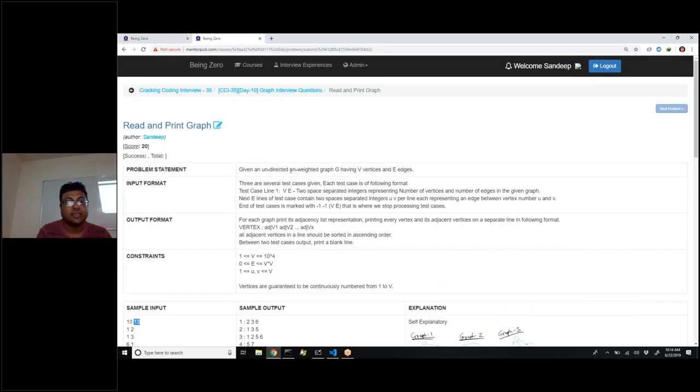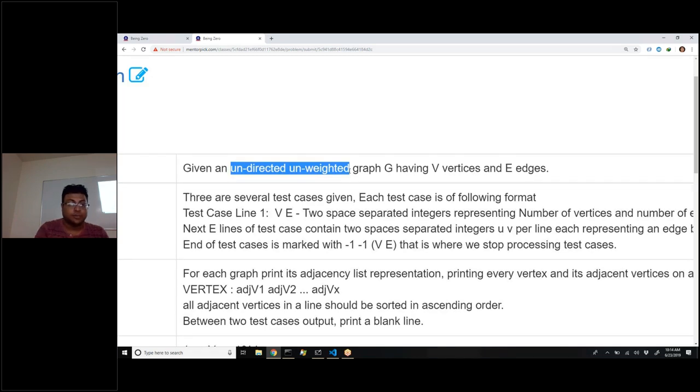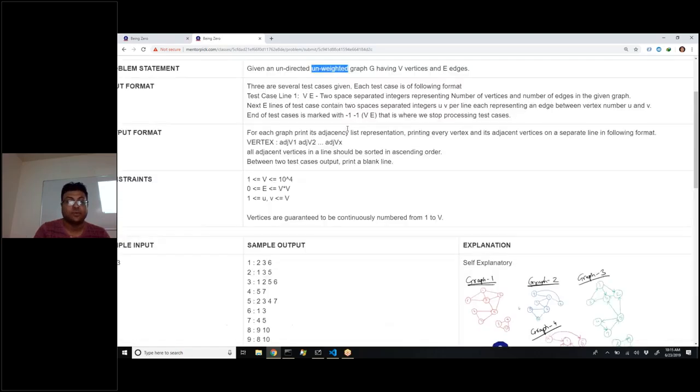And this graph that we are creating, what type of graph is this? This is undirected. That means if there is an edge between U and V, there will be an edge between V and U also. Correct? For unweighted, our notation has already chosen it to be an unweighted graph.